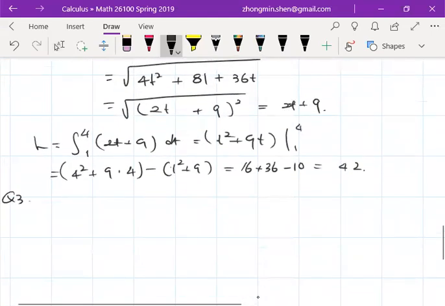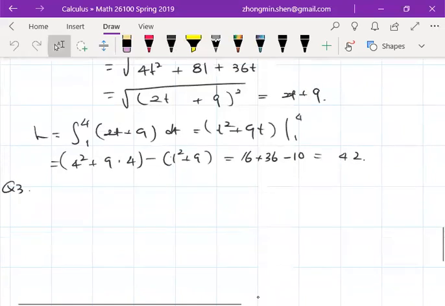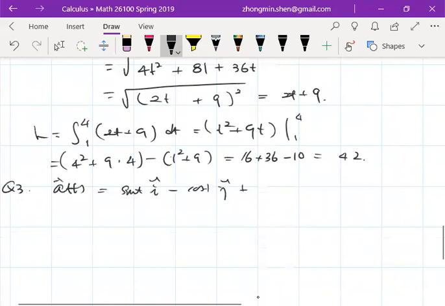The third problem, I think this problem is easy. You are given the acceleration, and you just need to find the position function.